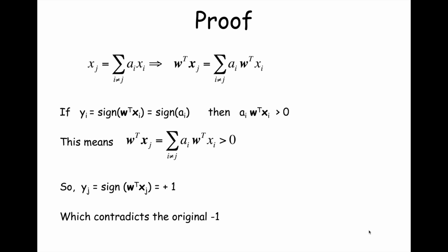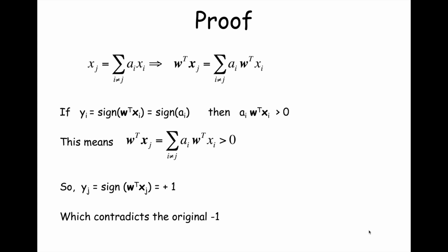This is the distributive property. We can perform the sum first, or we can distribute that multiplication over the summation. So if we distribute the multiplication by w transpose into that summation, which is our linear combination defining our xj, what we get is the sum for all i not equal to j of ai, the coefficient, times xi, but we're also multiplying by that w transpose. Does that make sense? Okay.